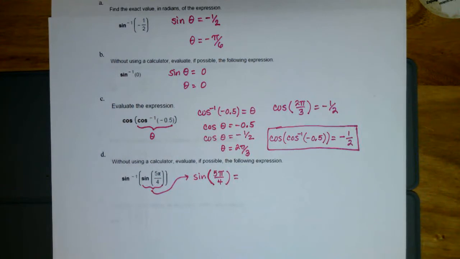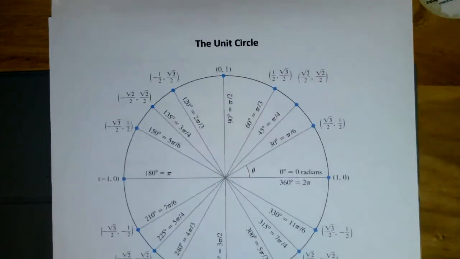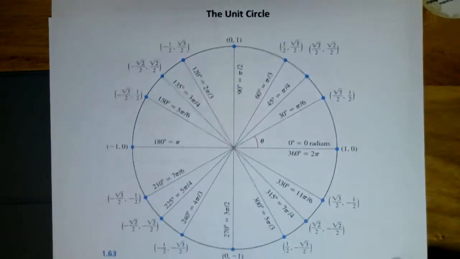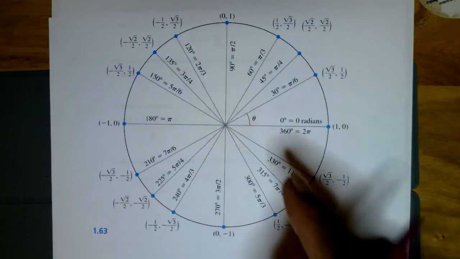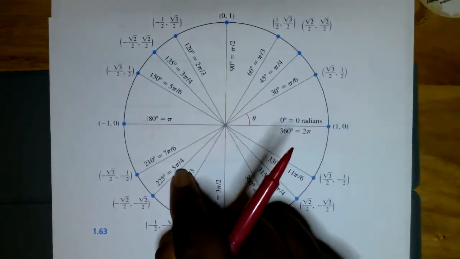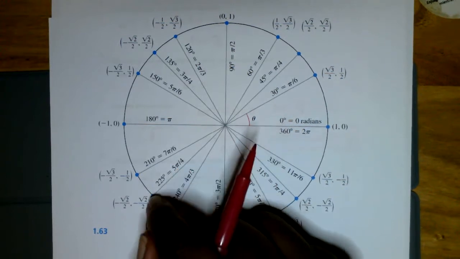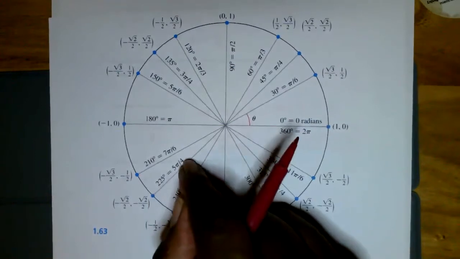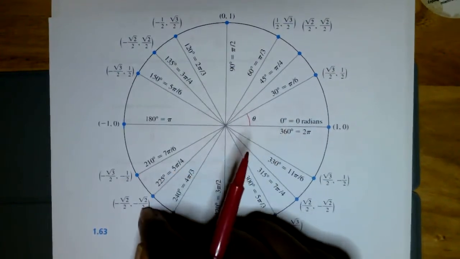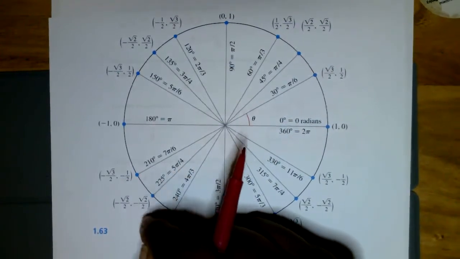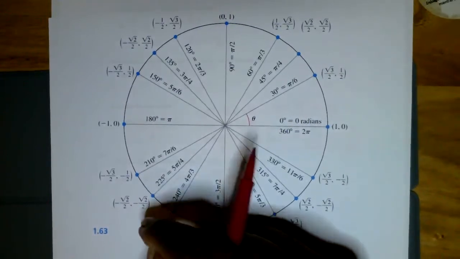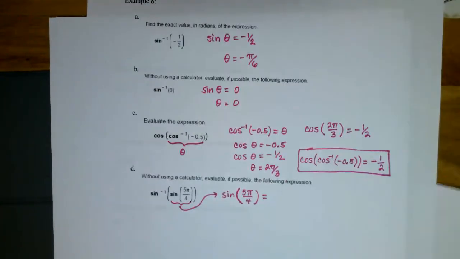Okay. Now I'm going to use the regular unit circle to find 5 pi over 4. Let's see, 5 pi over 4 would be right here. And the sine, of course, is whatever the y coordinate is for that point at 5 pi over 4. So that y coordinate here will have to be negative square root of 2 over 2.